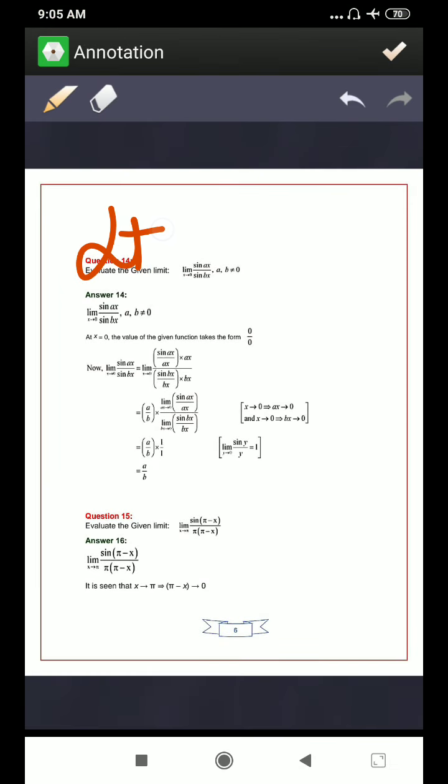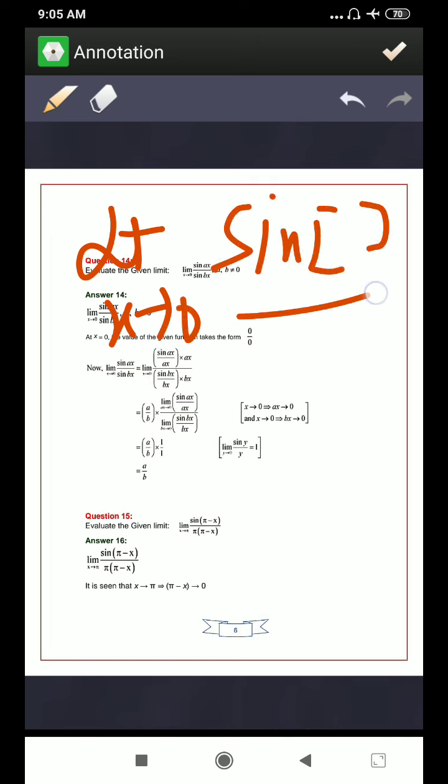Limit x tends to 0, sine of whatever is there at this point, the same thing should be there in the denominator. This is the first condition. The second condition is that this thing should tend to 0. That you have to check.